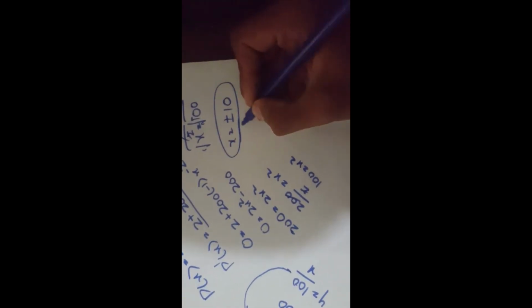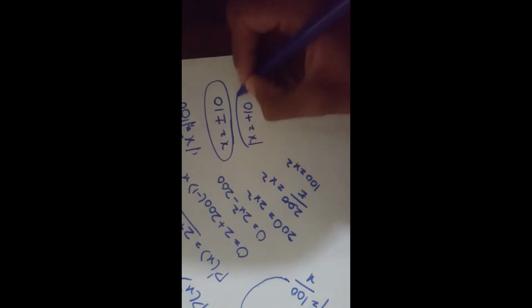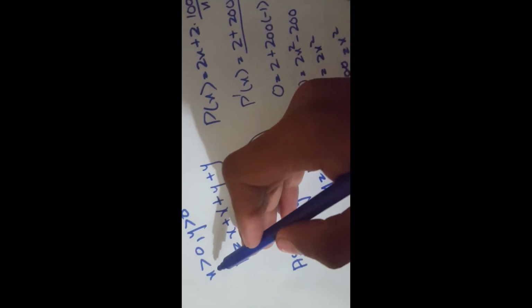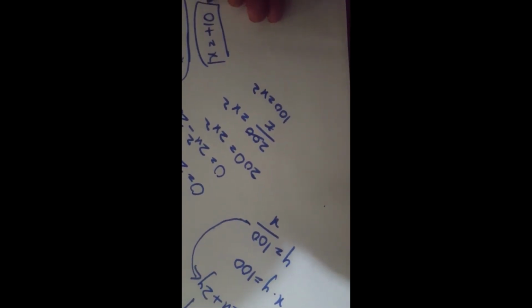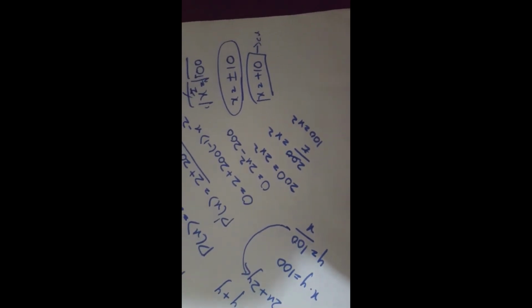From this we're going to assign only plus 10, because we have mentioned here that x is greater than 0. So the minus 10 value will not be assigned. So this is also the critical point of this function, and this is also the value of x.